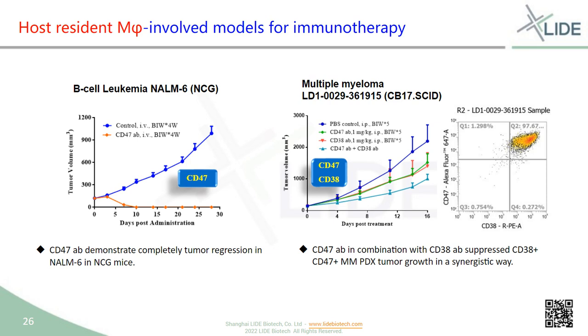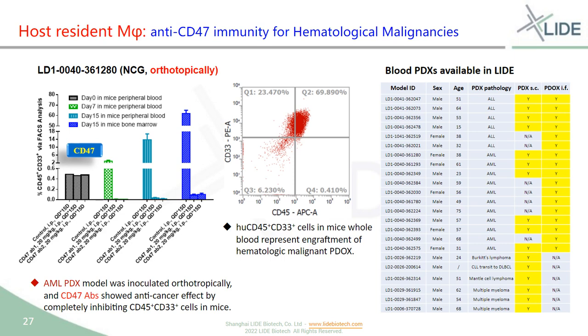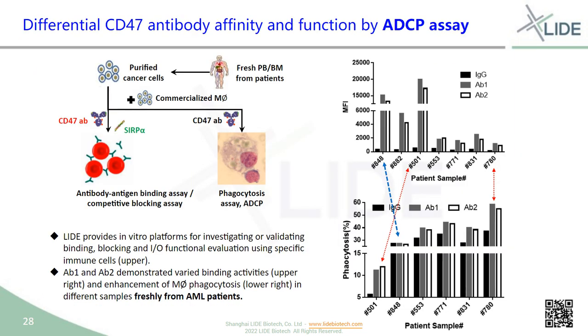We also tested anti-CD40 function in human B-cell leukemia cell line, NAMALWA, and some multiple myeloma patient-derived PDX models, as well as some acute myeloid leukemia PDX models. For those models, we use the mouse host immune system.